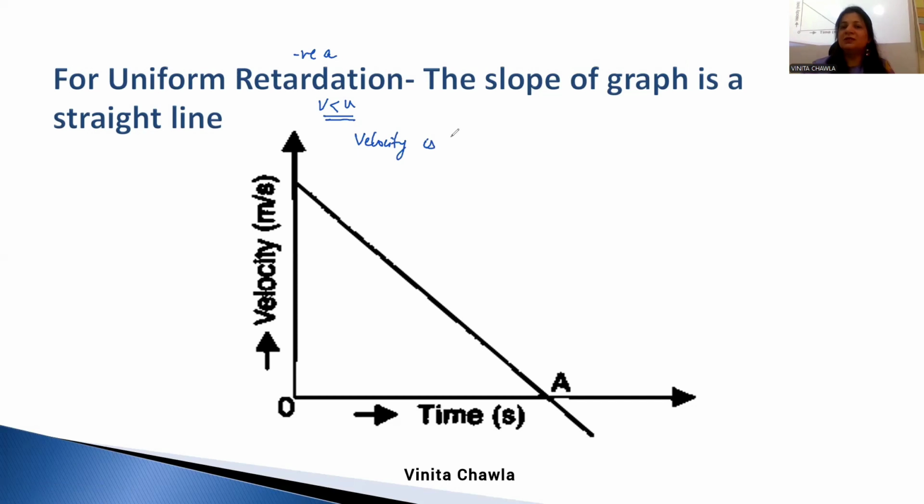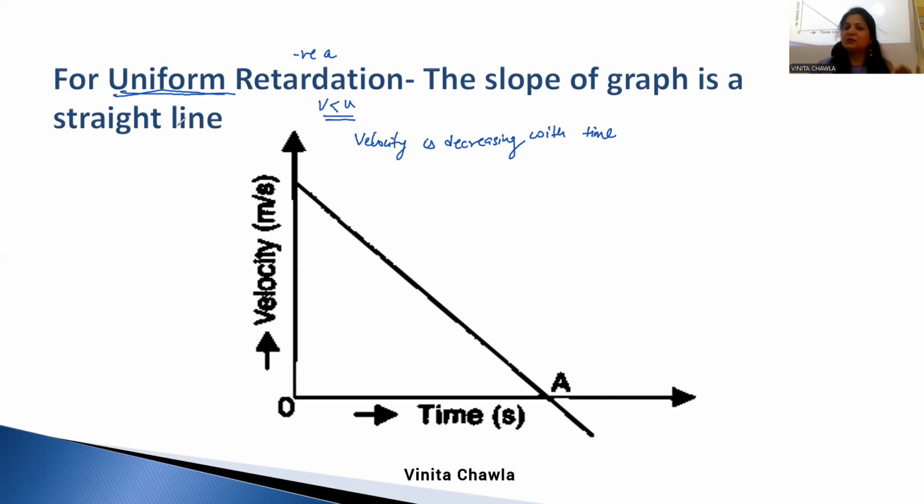And how is velocity decreasing? Uniform and non-uniform. We have equal change in velocity in equal intervals. Still we have equal change in velocity because it is uniform retardation. The word uniform is here.